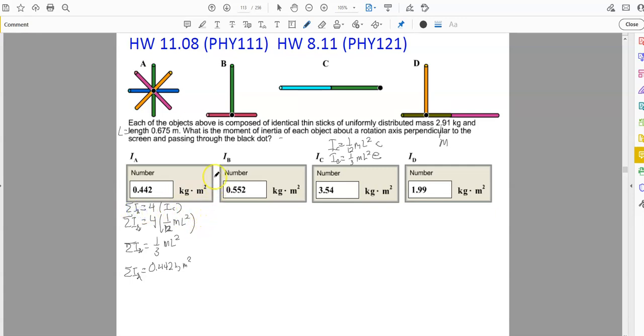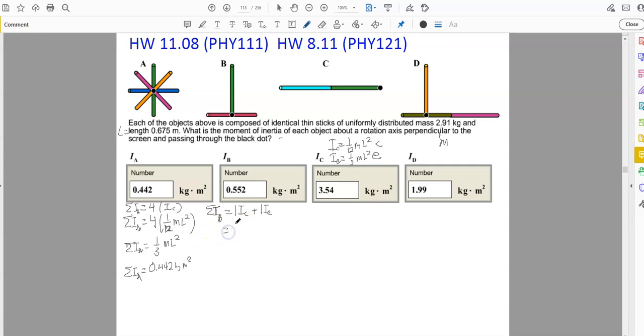This next one adds a layer to it. The green rod is being spun about the end, while the red rod is being spun about the center. So the sum of the moment of inertia at B is 1 center rod, that brick colored one, plus 1 end rod being spun.